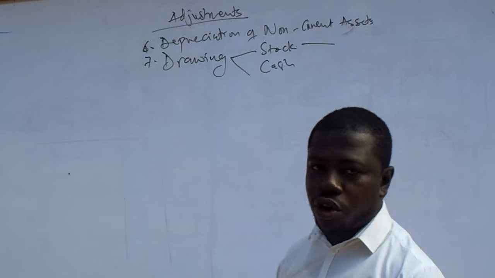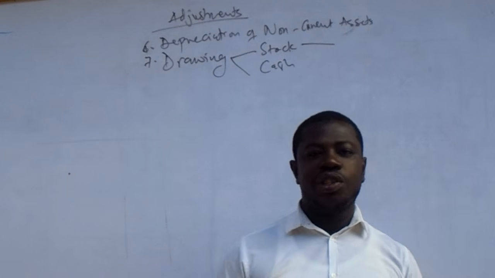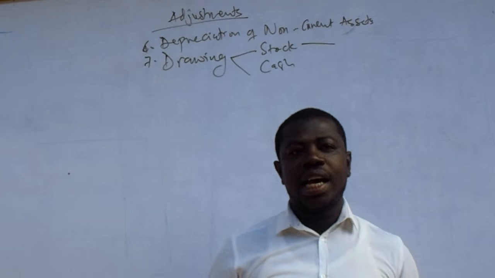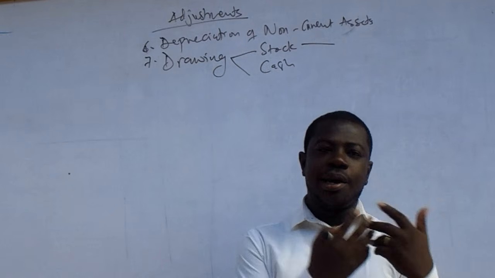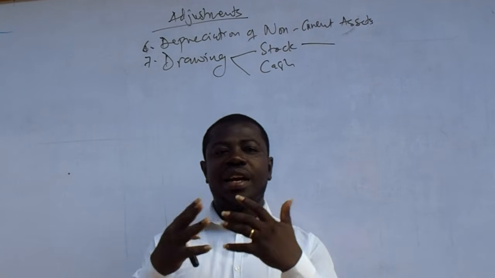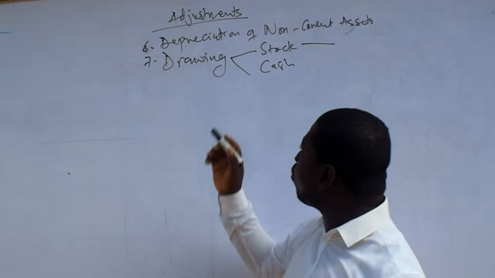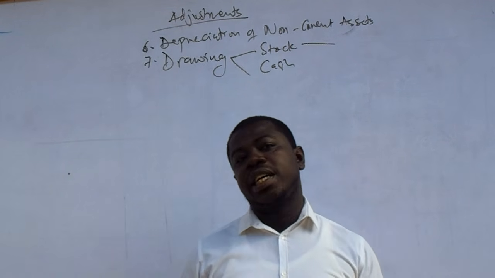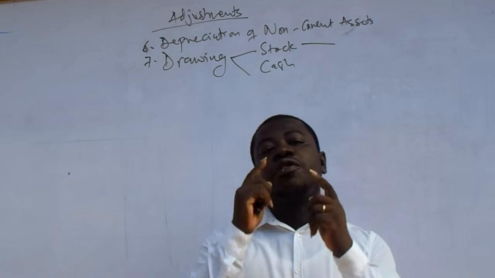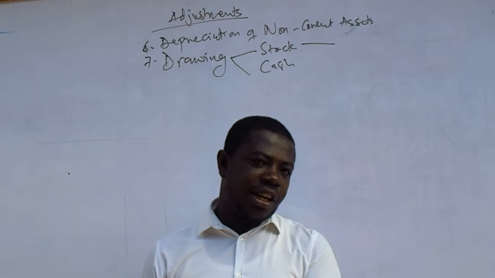Now when it is cash drawings, what is the double entry for cash drawings? When the proprietor takes the cash for personal use, it is debit drawings and credit cash. And by crediting cash, it means you are subtracting from the cash. And so for cash drawings also, there are two treatments. The first one, you are going to subtract it from your cash figure in the statement of financial position.